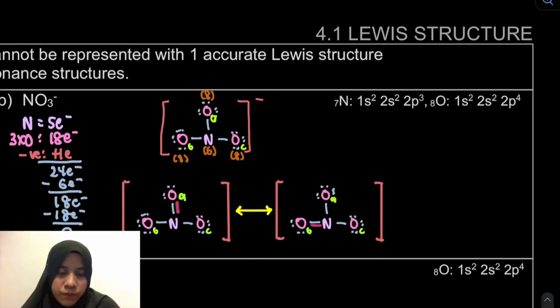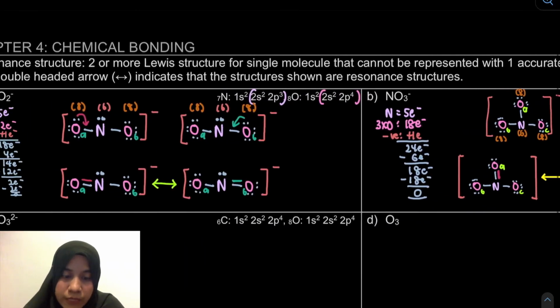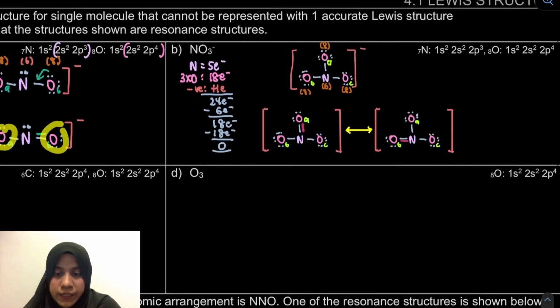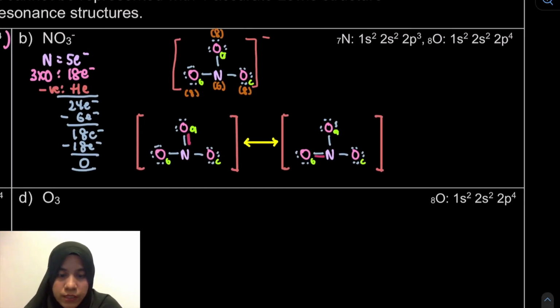Ataupun apa yang boleh jadi? Sebenarnya bukan. Tadi kan hanya 2 possibility sebab ada 2 oksigen. Kali ni ada 3 possibility sebab ada 3 of our oksigen ni lah. It's either oksigen A, oksigen B ataupun oksigen C yang share the electron.